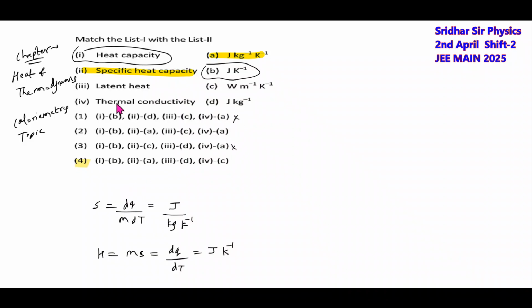Between these two, we'll check. Latent heat, Q equal to mL. Latent heat will be Q by m. This will be joule per kg. This will be latent heat. So this should be your option.